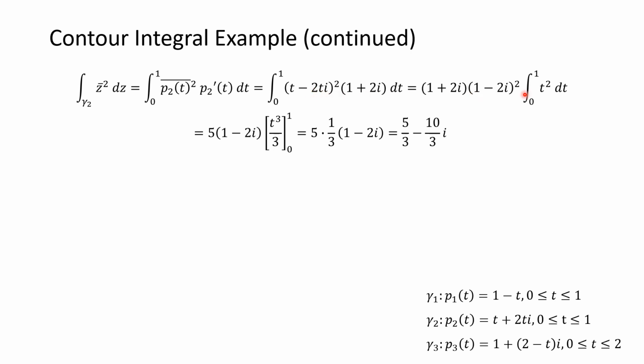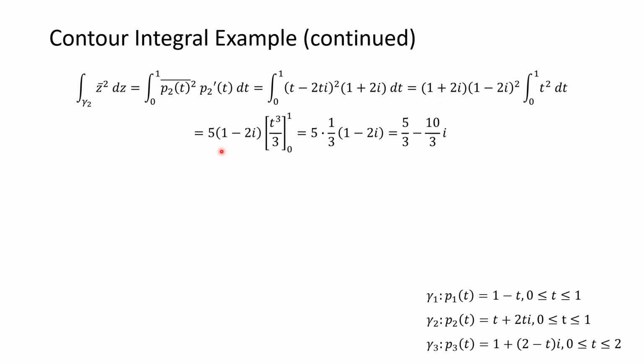And we square this. Or actually what we can do first is take out a t. So we get t squared in here, but then what's left is 1 minus 2i squared, which we can factor out here. Then we take the antiderivative of t squared, t cubed over 3.